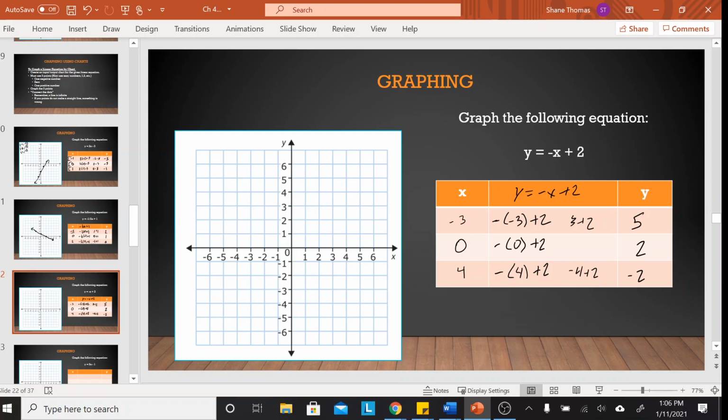All right. So I graph these points, -3 and 5. So I need to go left 3 and up 5. It's going to be right there. I have a 0, so don't go left and right, but I have to go up 2. And then lastly, we went 4 to the right and down 2. Looks like that.